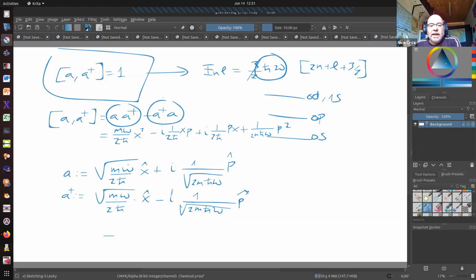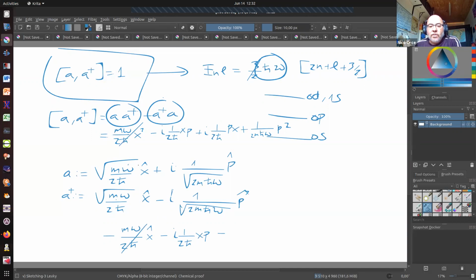So that will be minus A dagger A. So that will be the same thing, minus m omega over 2h bar x squared, where this guy will cancel with this guy, right? And then minus this guy times this. So minus i. Now the order is very important. xp minus 1 over 2h xp, minus this guy over this guy.